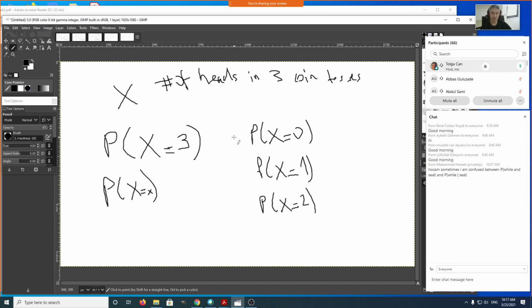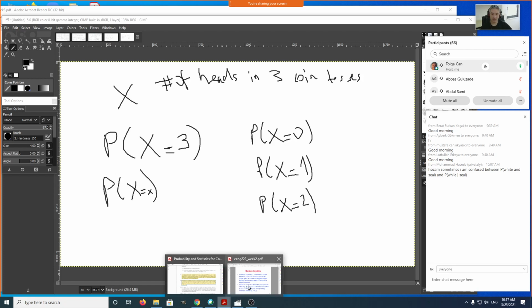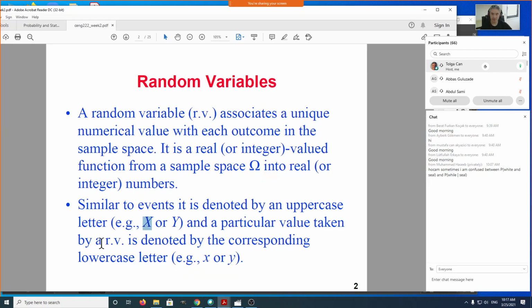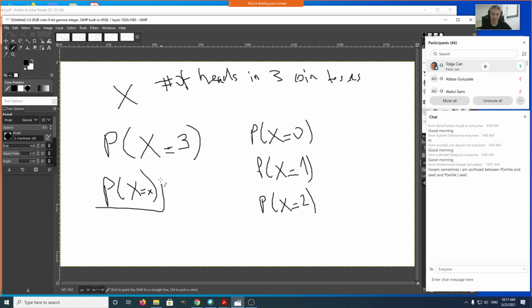And they're also exhaustive if these are all the possible values that my random variable can take. All right, so let's look at more examples. The corresponding value, sometimes if we use it as a variable, we use this lowercase letter like this to indicate a probability.